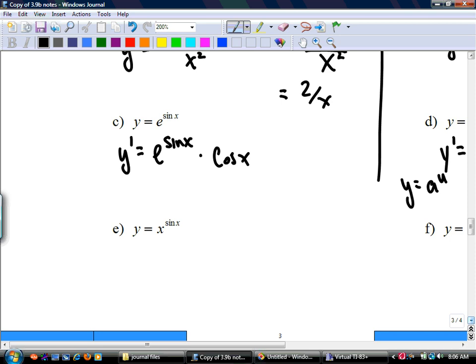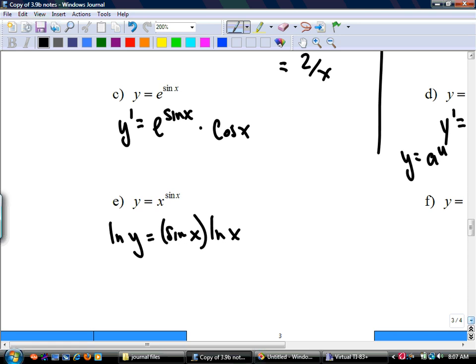You must log it first. Grumble, grumble, grumble. ln y equals sine x times ln x. You must log it right away.